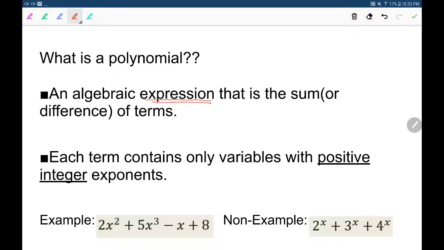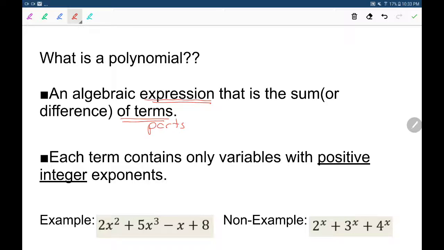First of all, an algebraic expression just means that we're not dealing with any equal signs right now. And when we see it's the sum or difference, so adding or subtracting of terms, it just means that there's different parts to the problems. Each term contains only variables with positive integer exponents.